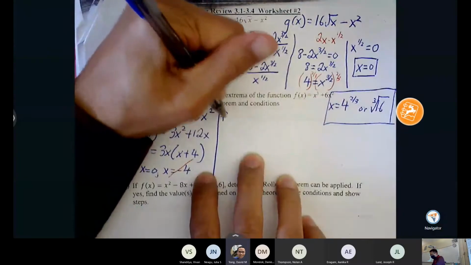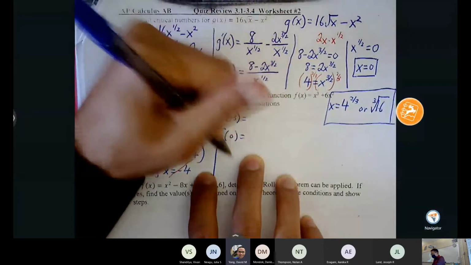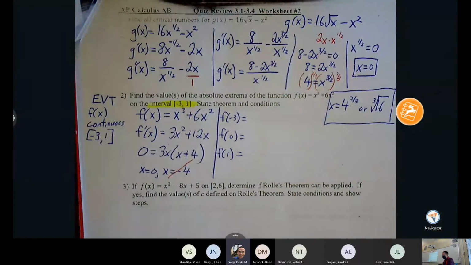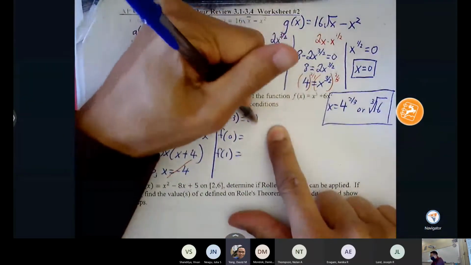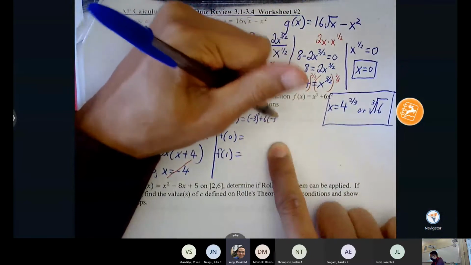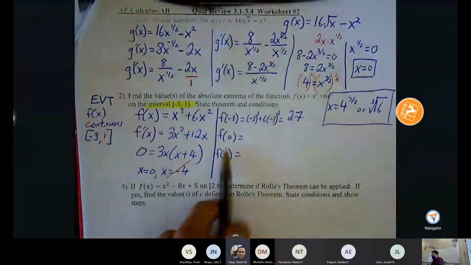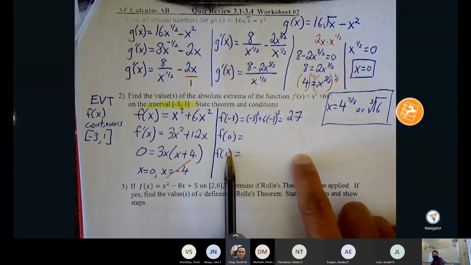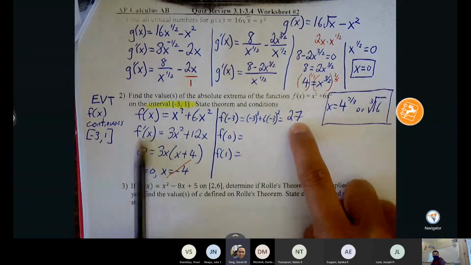Okay. So -3 in for x. -27. Okay. Remember that as we are testing our critical points and endpoints, they go back into the original function, right? We don't want to test these against f prime. That's not going to give us what we want.